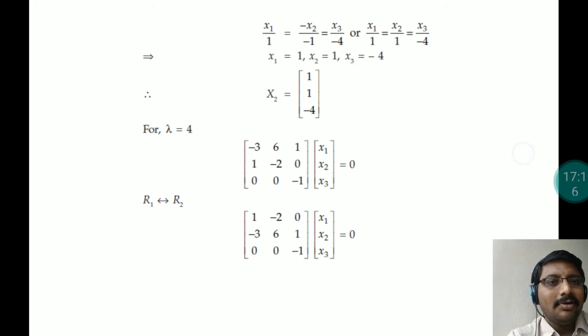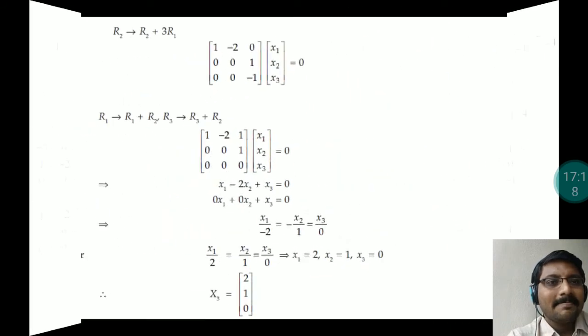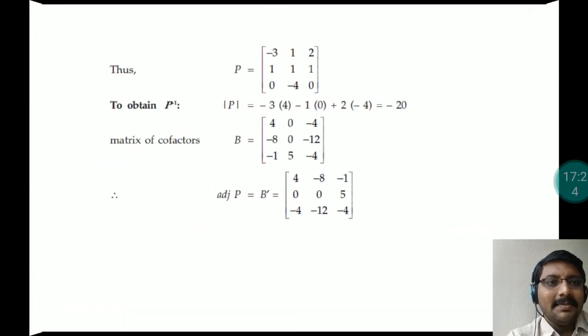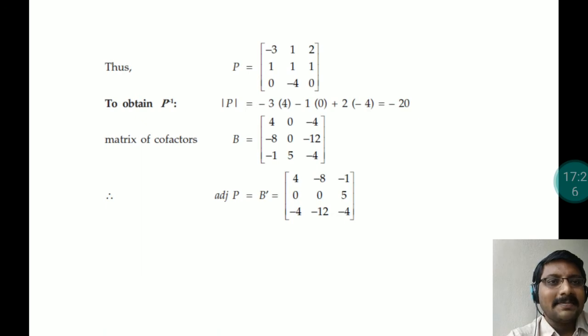For lambda equal to 4, the corresponding eigenvector is x3, that is 2, 1, 0. These eigenvectors make up the model matrix P. Now first of all we have to check whether P is non-singular or singular. Non-singular means det P is not equal to 0. Computing det P, the determinant of P is clearly minus 20, not equal to 0.